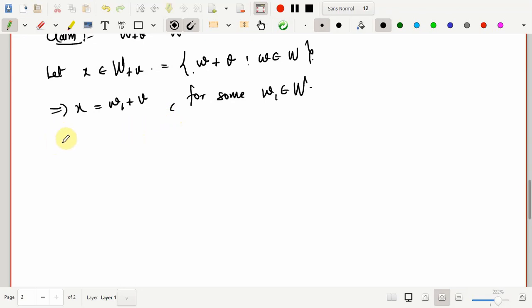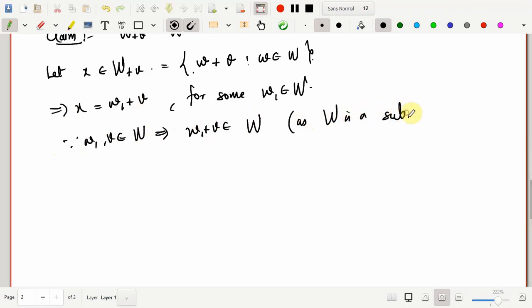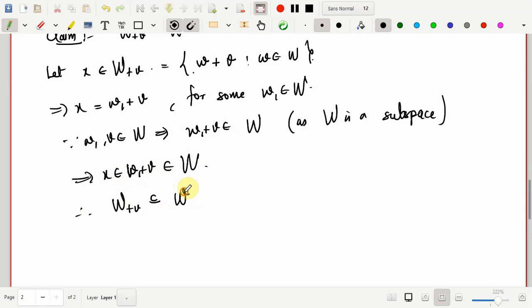That is the observation, and with that you will see that x will also lie in W. So since w1 and v are in W, this implies that w1 plus v belongs to W as W is a subspace, which means that x belongs to W. So this proves the one part, that is, W plus v is contained in capital W.